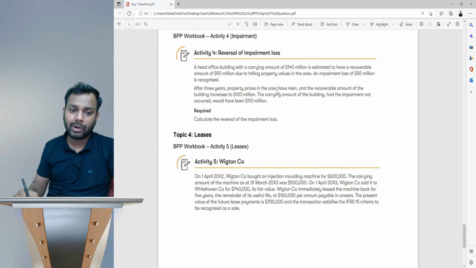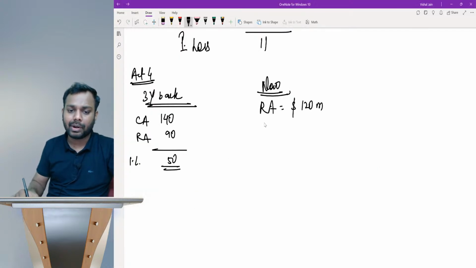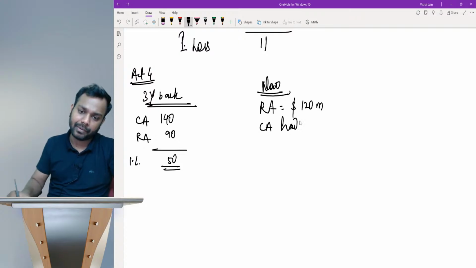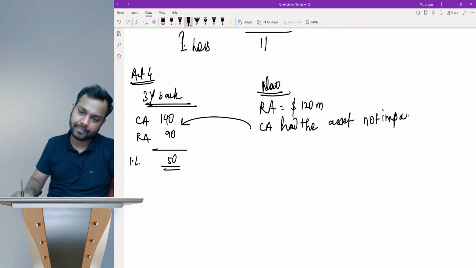The recoverable amount increases to $120 million, and the carrying amount had the asset not been impaired is $110 million.